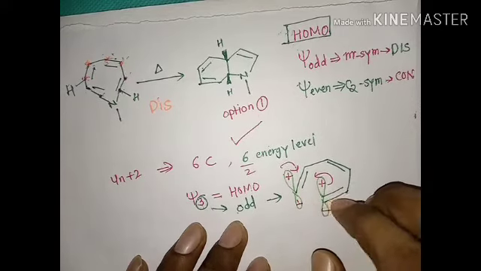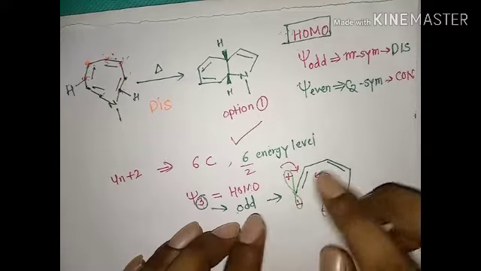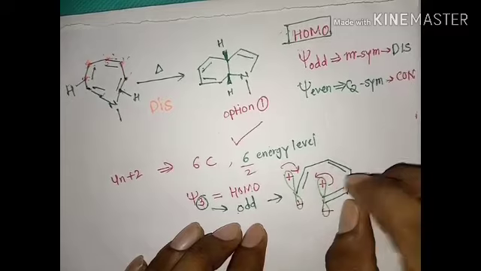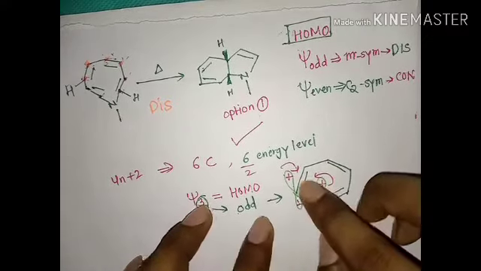Otherwise it will not bond. If it is plus and minus, it will not form a bond; it will form a bond by conrotation.